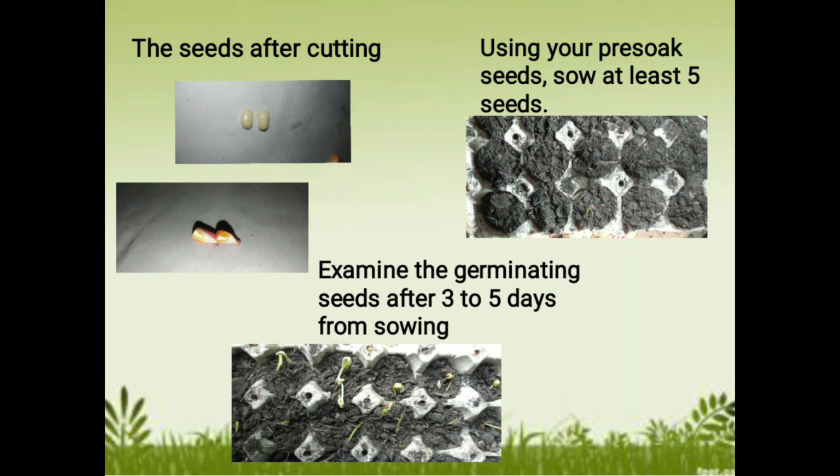Then, the seeds after cutting. Second, using your pre-soaked seeds, sow at least 5 seeds. Then the last step is to examine the germinating seeds after 3 to 5 days from sowing.